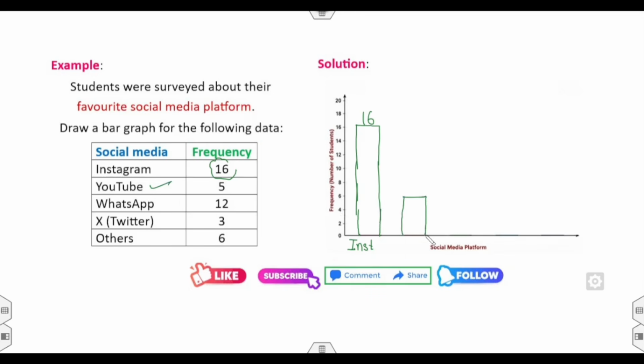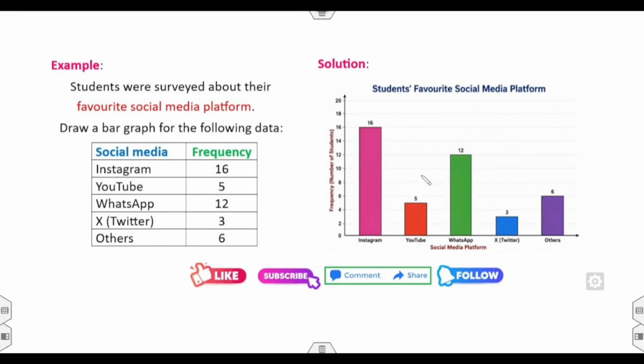Fine, that is my 5 of the YouTube. Now whatever gap there is between these two, the same gap must be on the second side. It's my 12. Fine, that is my 12. So you can see the bar graph of the social media platforms with the frequencies. Student favorite social media platform is the required bar graph.